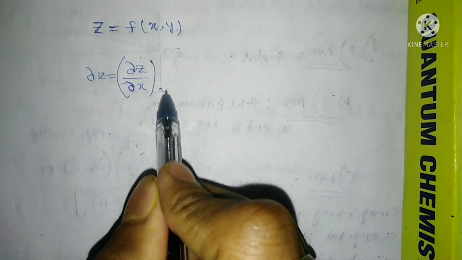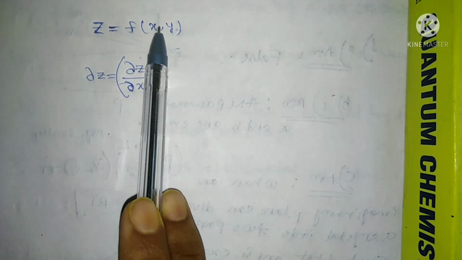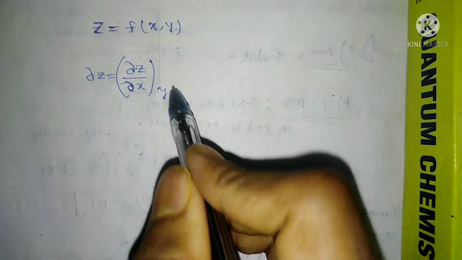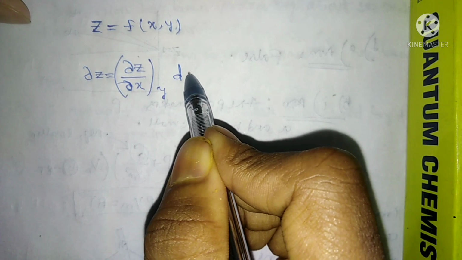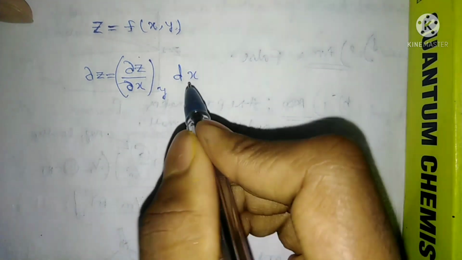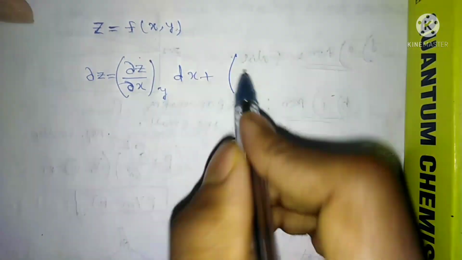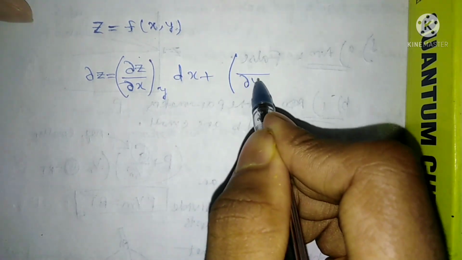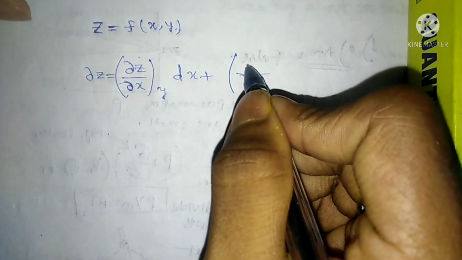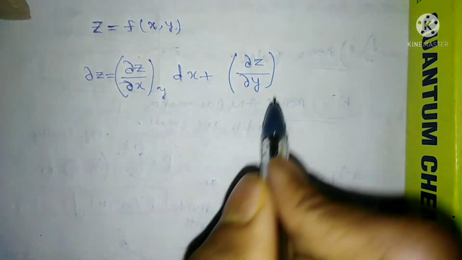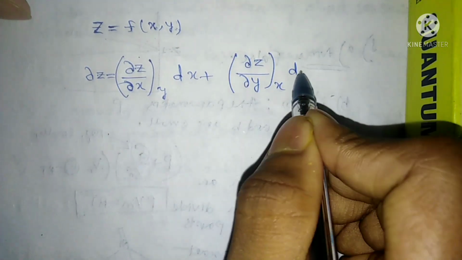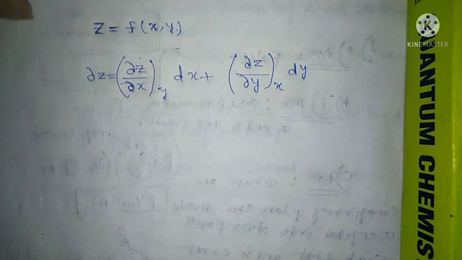So here dz is equal to, at constant y, and in this case we will assume that y is constant, just x is changed, multiplied by its overall change in dx, plus when we change y, dz will also be changed at constant x, multiplied by its overall change in dy.